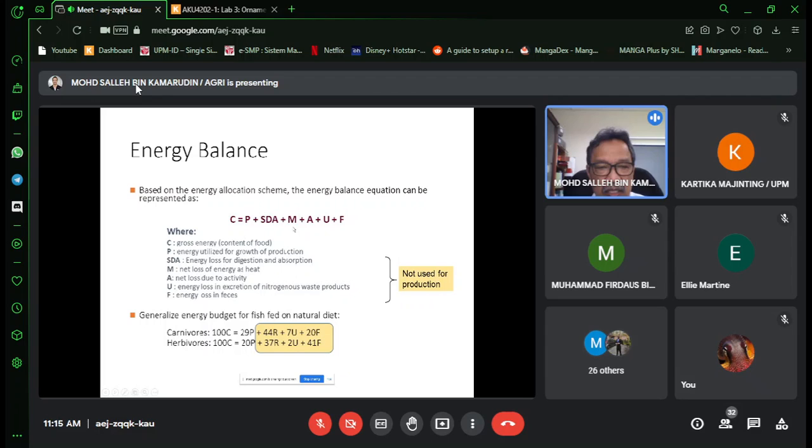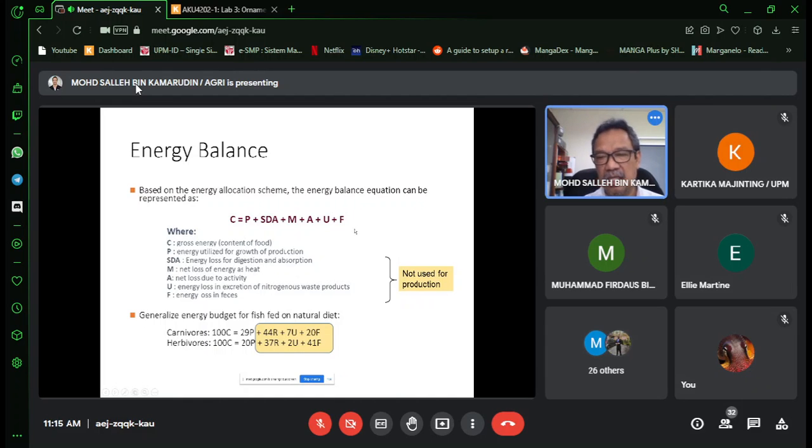These are the tenaga yang hilang semasa heat. These are due to the activity. This is due to the excretion, the loss dalam urine, dan juga respiration. Dan ini adalah yang hilang melalui fecal material.